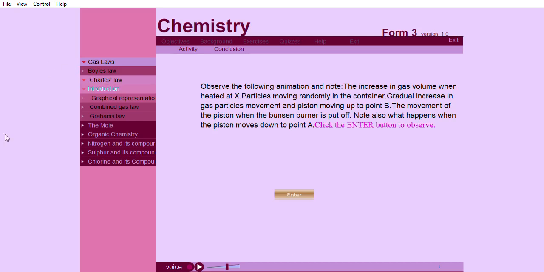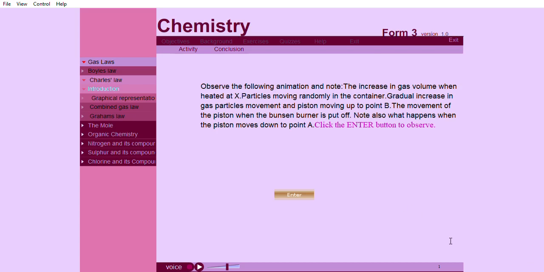Observe the following animation and note the increase in gas volume when heated at X. Particles moving randomly in the container. Gradual increase in gas particles movement and piston moving up to point B. The movement of the piston when the Bunsen burner is put off.